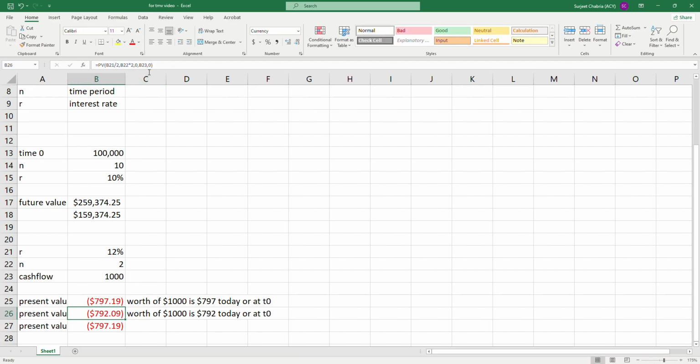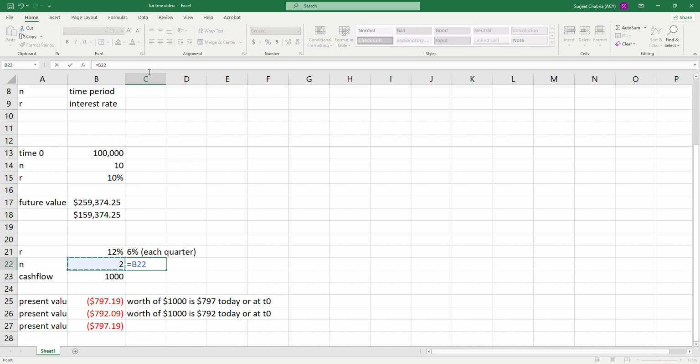So why do we divide by 2 and why do we multiply by 2? So the interest rate here should be 6% each period because it's semi-annual. And it's 2 years, and because you are going to receive interest 2 times a year, which basically means 2 times 2, 4. So you will receive interest 4 times if it's semi-annual.